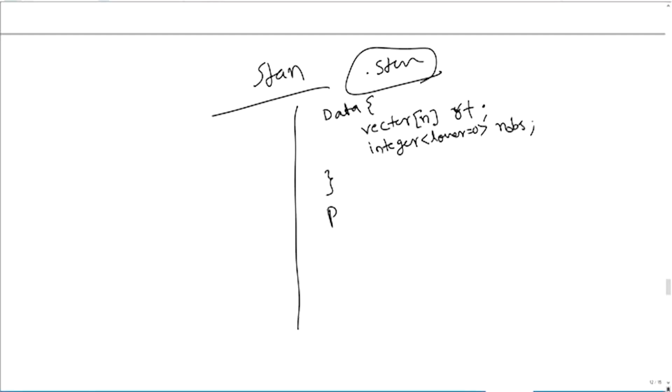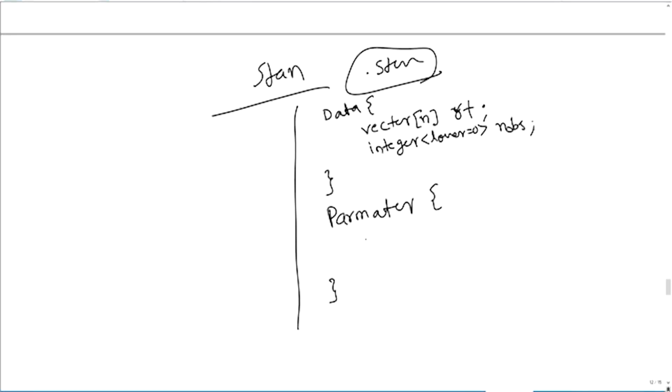Then the next block you have is the parameters block. Here you define all the parameters of the model. Even before defining likelihood and prior assumptions, you define the parameters. This is the place where you define what the parameters are and also the boundaries or constraints on these parameters.